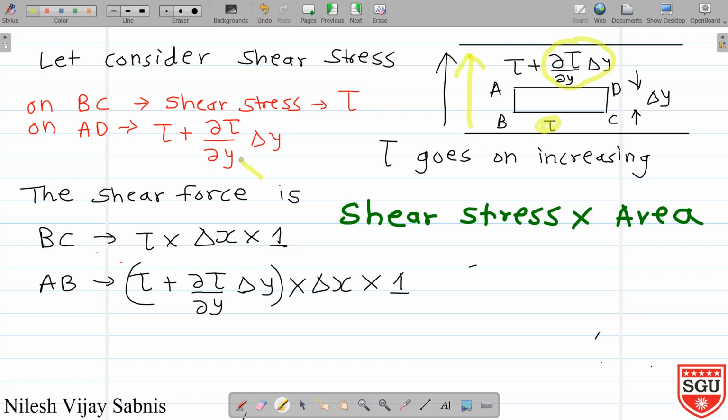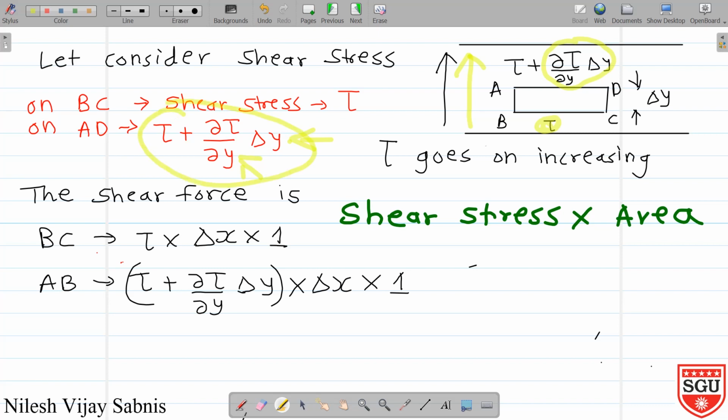Dou tau by dou y is nothing but rate of change of shear stress in the direction y, as we have moved from face BC to face AD by the distance delta y. So total shear stress on face AD is shown here.